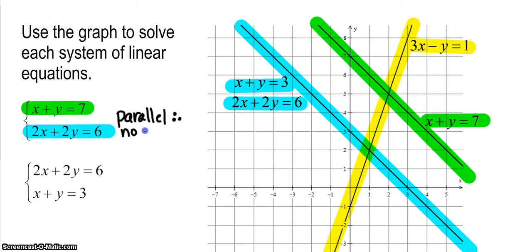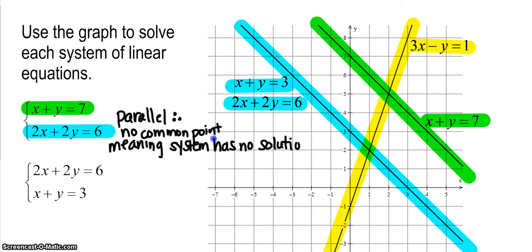So they have no common point, meaning the system has no solution. So this is an example of where you would get no solution for a system of equations.